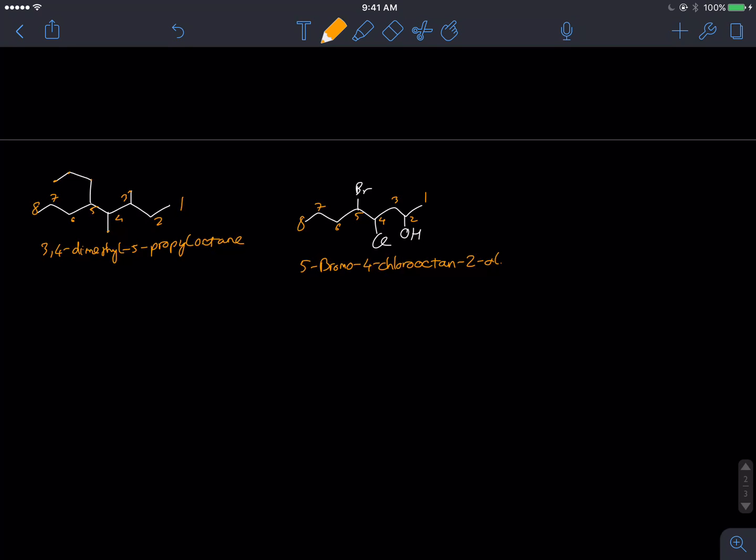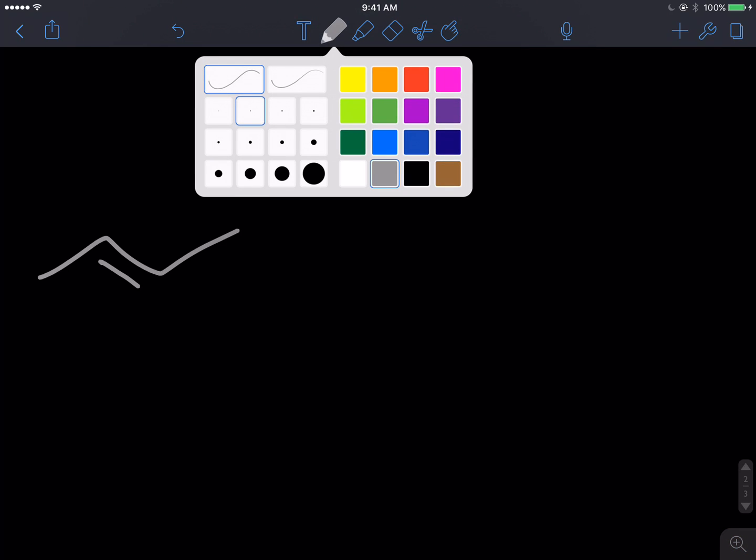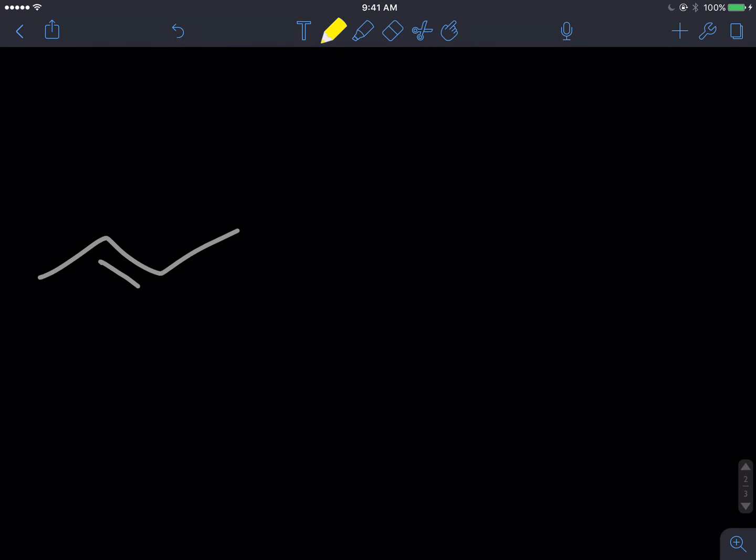And let's try this. This is pretty easy, right? So how do you name this one? Normally you're going to do but-2-ene, correct?